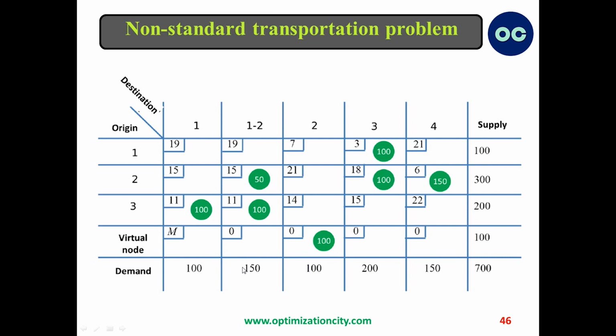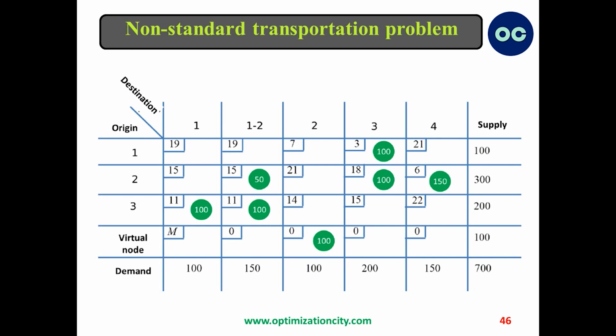The transportation costs to node 1-2, which is column 1-2, are the same as the costs associated with reaching node 1, which is column 1. So the transportation cost for both is equal.